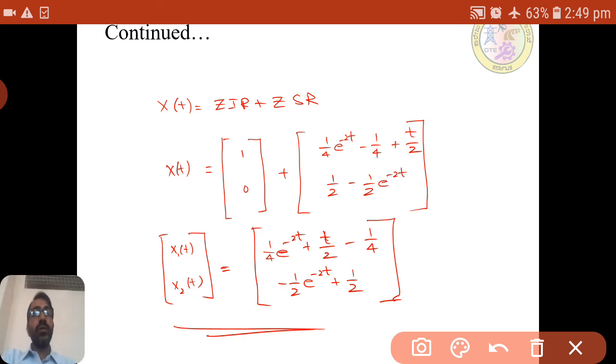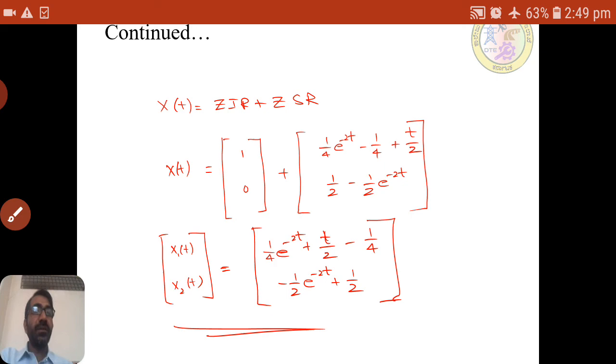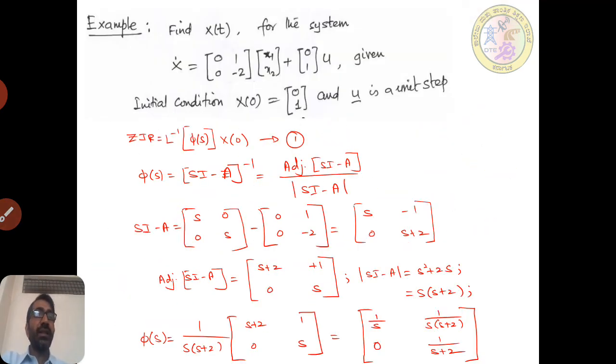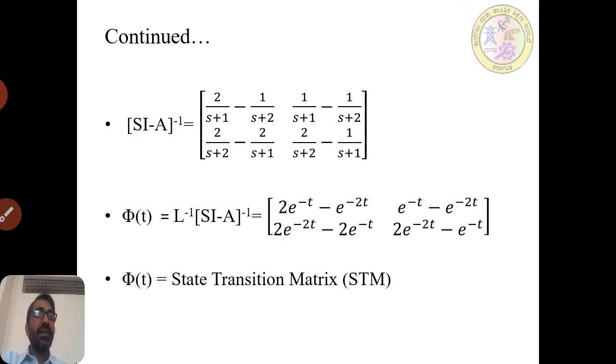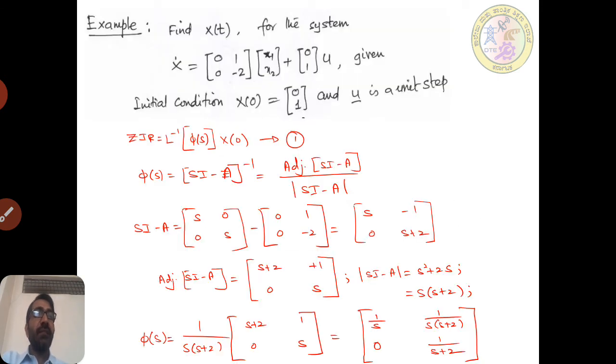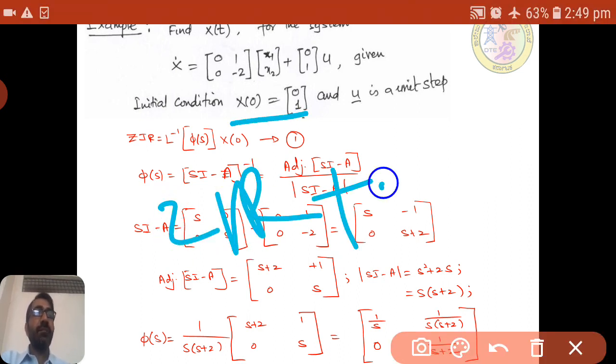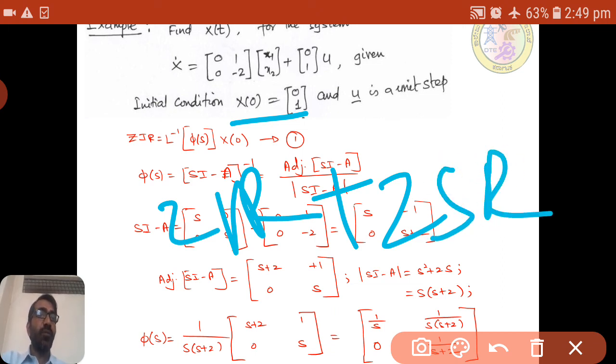So in both sessions, 4 and 5, what we have calculated is this: if the given matrices are A, B and x of 0, and x of 0 is given, then we need to find ZIR plus ZSR. Both we need to calculate individually and add.